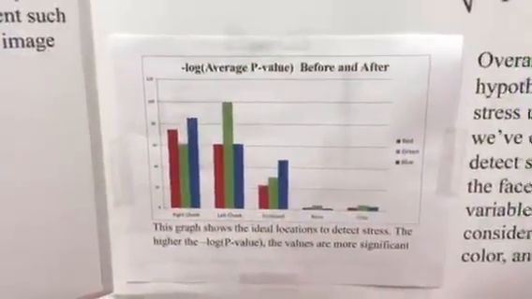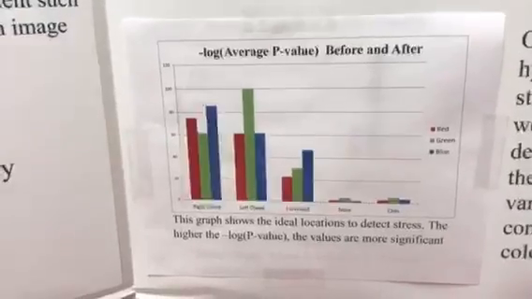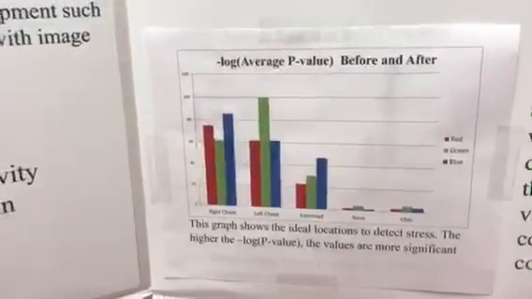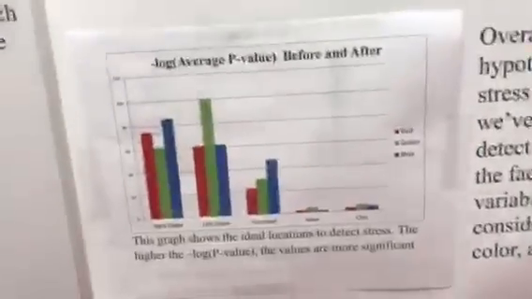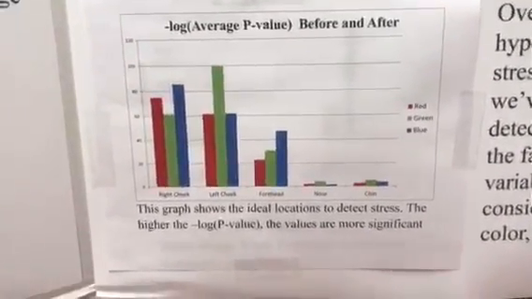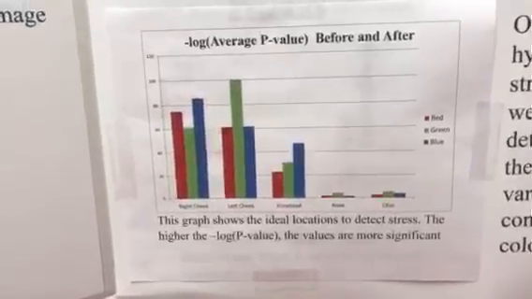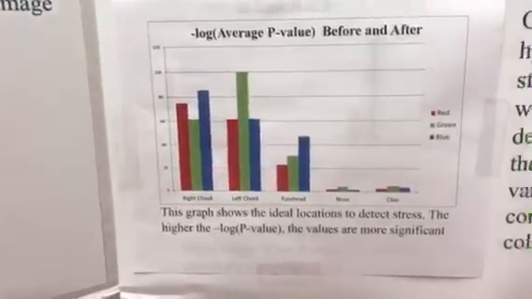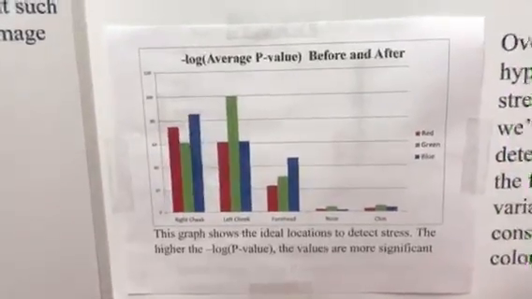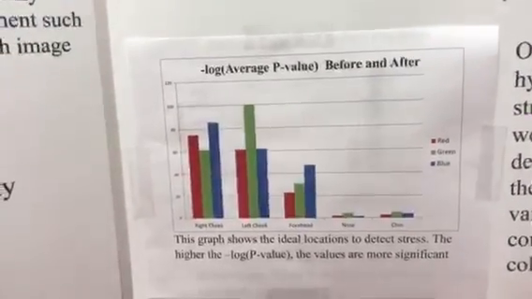As you can see from this graph, the green values are typically the most significant, and this graph also tells you the most ideal location to test stress. The most ideal is the right cheek, left cheek, and the forehead, while the nose and chin are less significant because they have a lower negative log p-value.